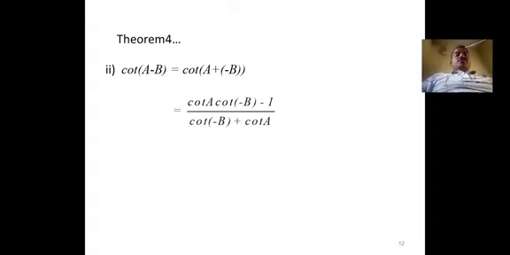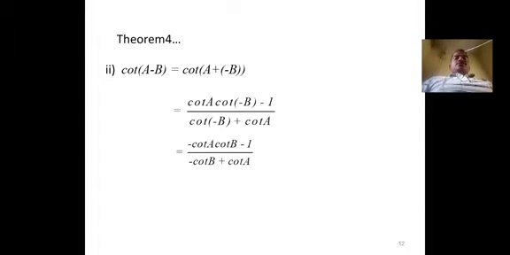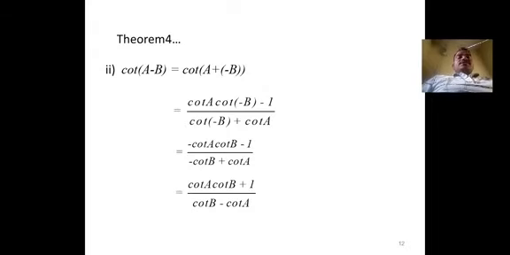Therefore, cot of A minus B is equal to cot of A plus (minus B), with the help of cot A cot B minus 1 by cot B plus cot A. After replacing B by minus B, we get minus cot A cot B minus 1 by minus cot B plus cot A. After multiplying numerator and denominator by a negative sign, you get cot A cot B plus 1 by cot B minus cot A. This is the formula for the cot of A minus B. Remember that in the denominator, cot B is the first term and the second term is cot A, so it is the difference cot B minus cot A.